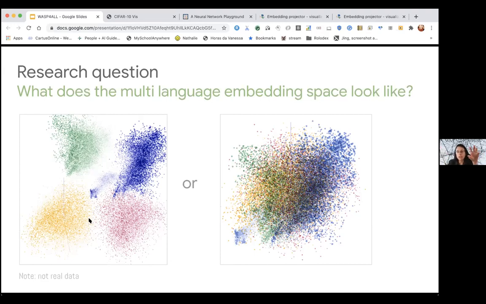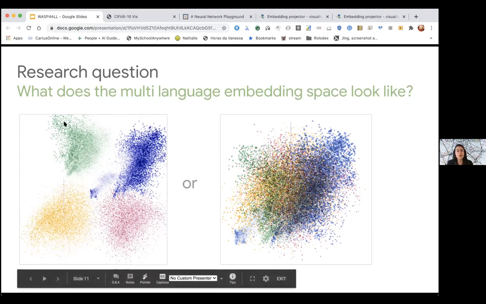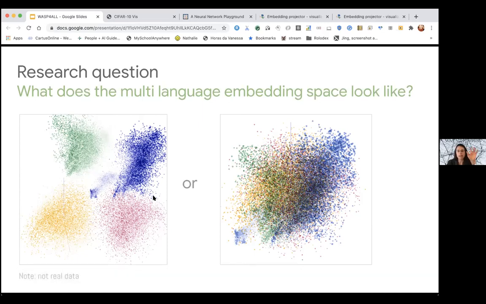For the first time, you could input a bunch of languages and get out a bunch of languages. The question in these researchers' minds was, we don't understand how the system is doing this. We don't understand if the system is keeping the languages separate. So imagine you have a system with 4 languages here, and I'm highlighting each language in a different color.